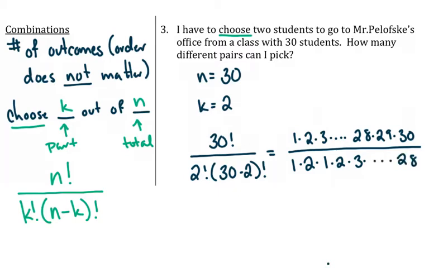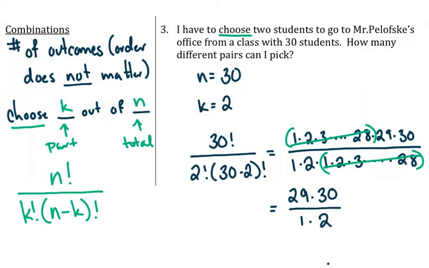So what I would hope you notice, like in number 1, you get to cancel out a bunch of numbers because they're all multiplied. So that cancels, and you're left with the much more straightforward problem of 29 times 30 over 1 times 2. This is 2 and 30 cancel out, so we're just really looking at 29 times 15. It's not like the easiest problem in the world, but it's pretty straightforward, and if you have a calculator or even by hand, you should get 435 different pairs.